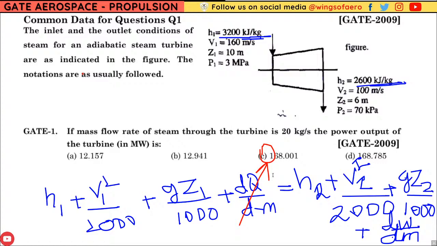See, what they have asked is to find the power output of the turbine. That means you have to see the unit: megawatt. You have to find it in terms of megawatt.